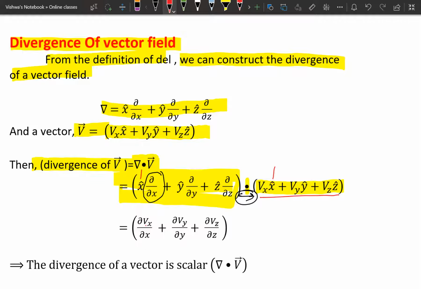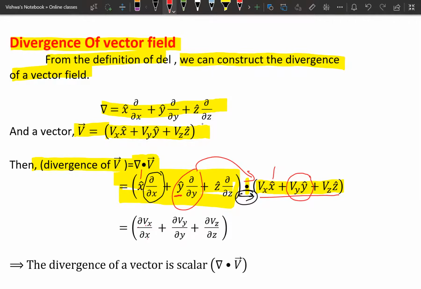For that the first term of this divergence becomes dou Vx by dou x, since x dot x is 1. Similarly for the second term we multiply these two with the dot product. Here the unit vector is y cap, so the term left is the multiple of unit vector y cap, and the remaining vanish to 0.